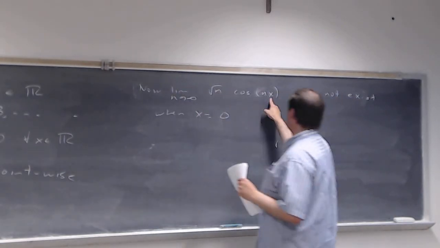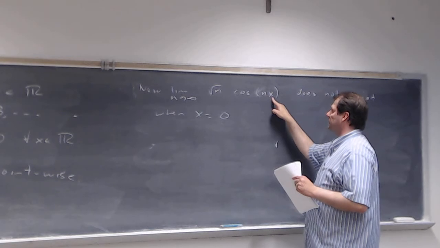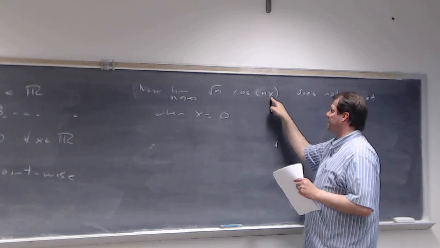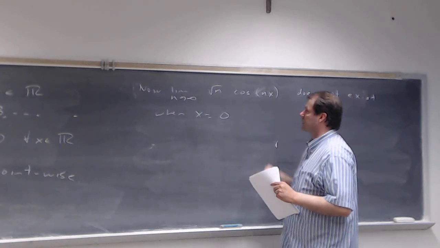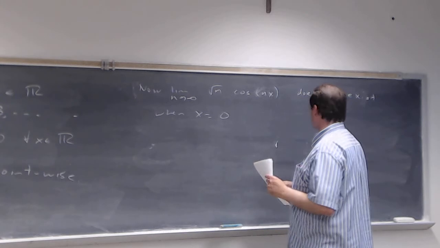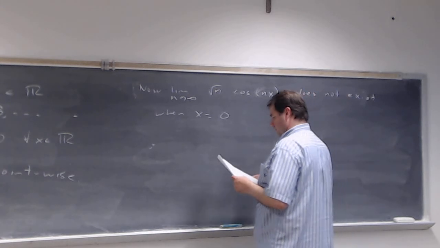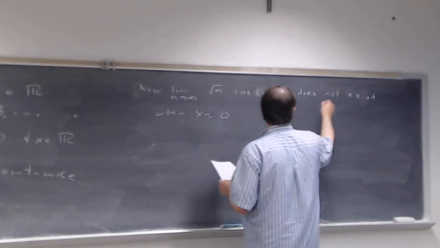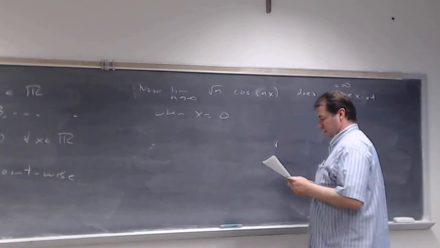When x is equal to 0, n times 0 is going to be 0. Cosine of 0 is 1. And so really you're just looking at the square root of n. And as n goes to infinity, it goes to infinity. Okay? Square root of n. So it does not exist, since it equals infinity, is what we say.